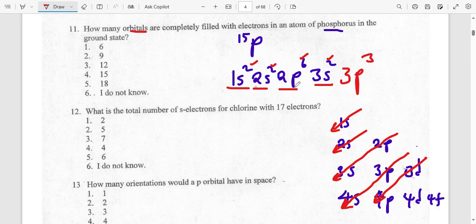But take note that a p orbital has got 3 other orbitals in it. So instead of counting p as 1, we'll count them as 3. So this is going to be 1, 2, 3. Plus these 3, that makes 6. So that will be it.